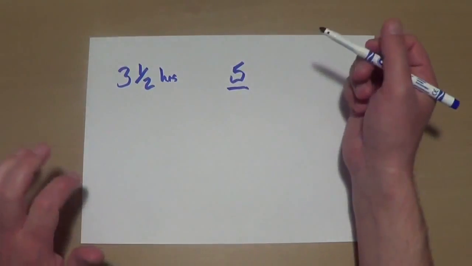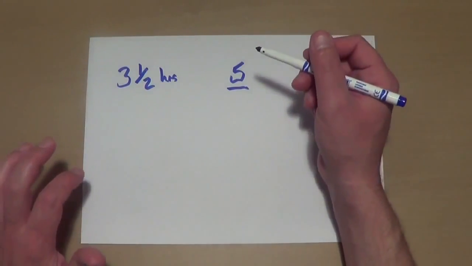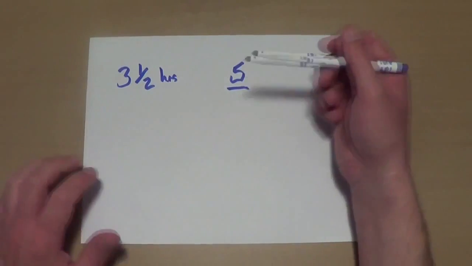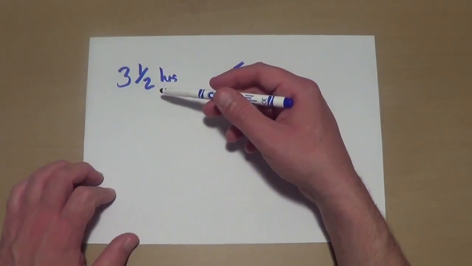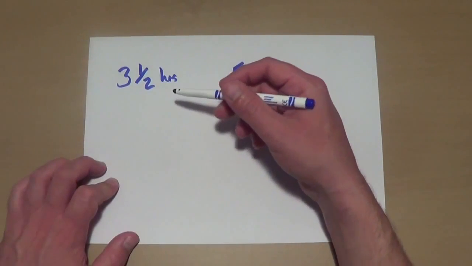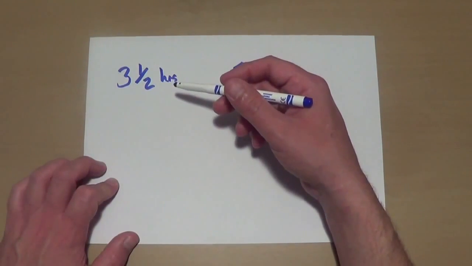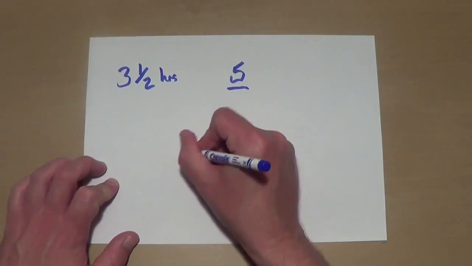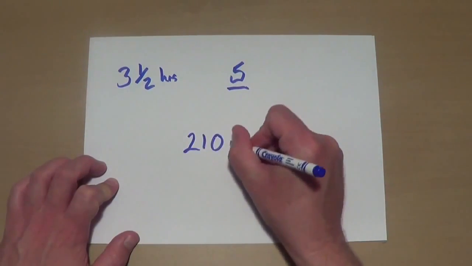Okay, right. So we need to get this 3.5 hours into minutes, don't we? And then divide it by the 5. How do we do that? Well, 60 minutes in an hour, so 60, 120, 180 is 3 hours, plus a 30, which would give us 210 minutes.